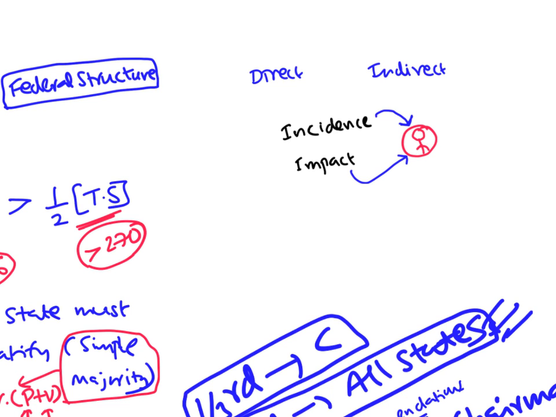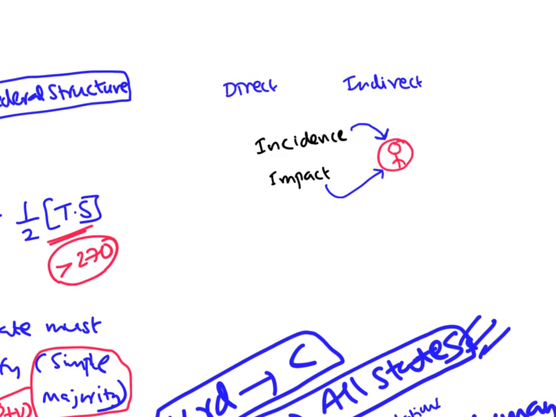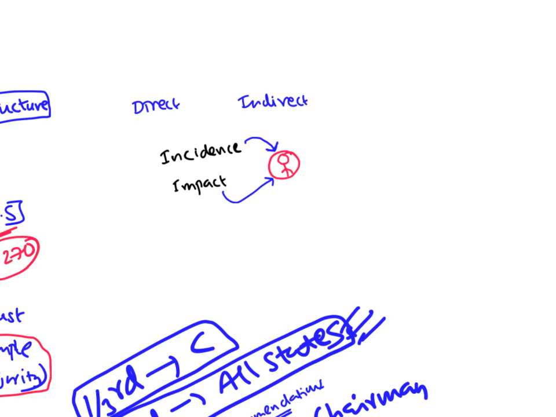This is direct. And what is indirect? Let's say the government has decided to increase the taxes on soaps, and there is a company which manufactures this soap. So now the incidence is on the soap and not on the person.